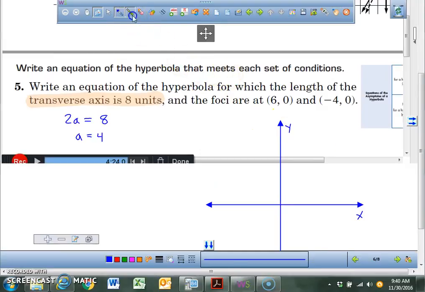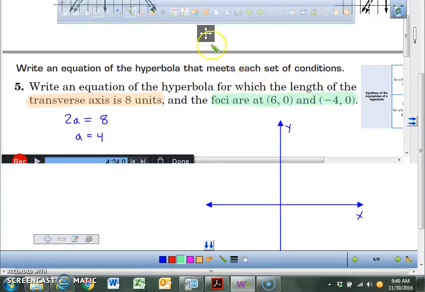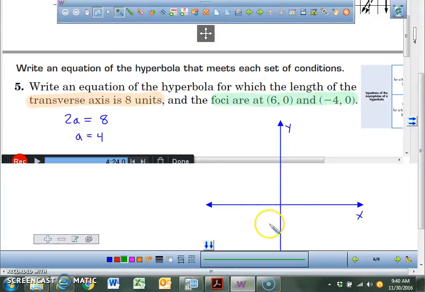It says the foci are located at 6, 0, and negative 4, 0. So right over here, we'll call this 6, 0. And right about here, we'll call that negative 4, 0.